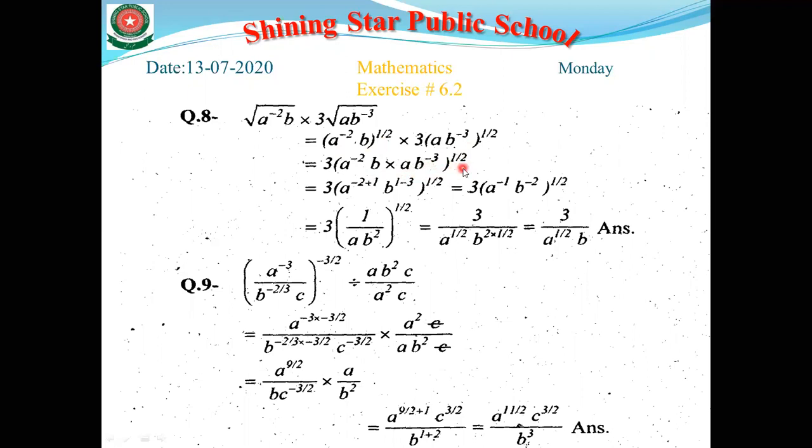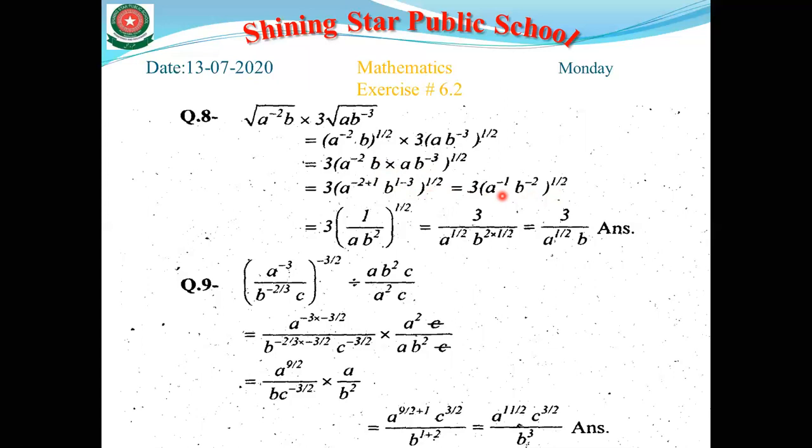Now when we multiply a with a, the bases are the same, so powers will be added: minus 2 plus 1. b multiply b, power 1 minus 3. So it equals 3 multiply a power minus 1, b power minus 2, whole power 1 over 2. Now the powers are negative, so we have to take the variables from the numerator to the denominator, so it becomes positive.